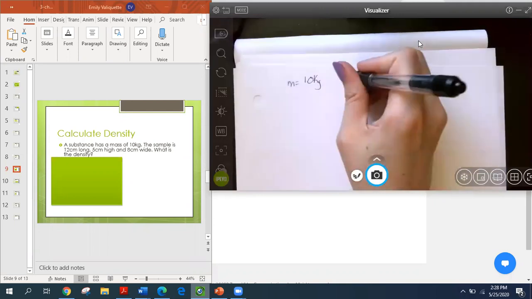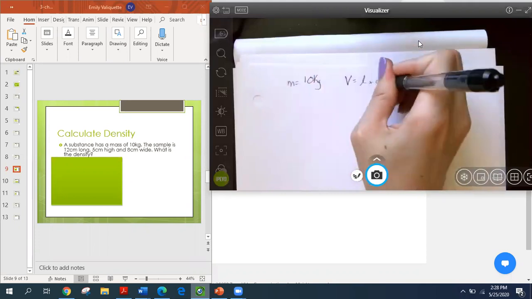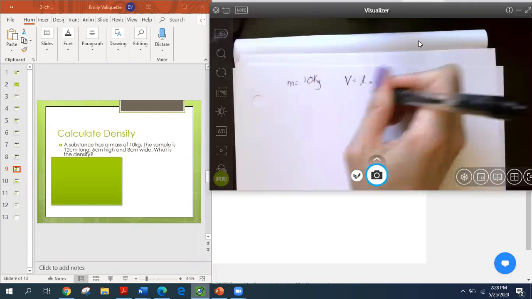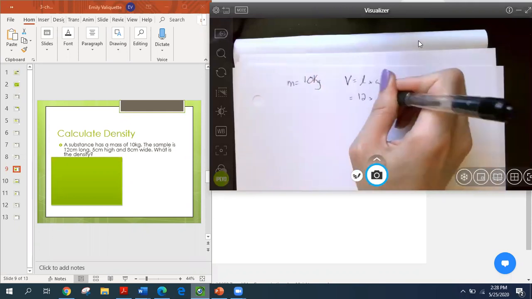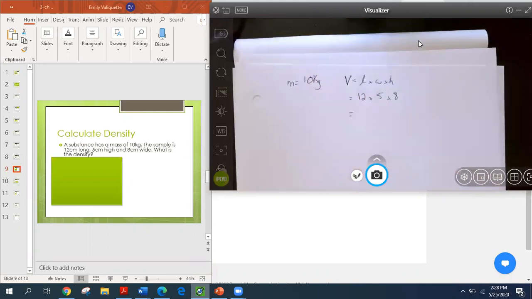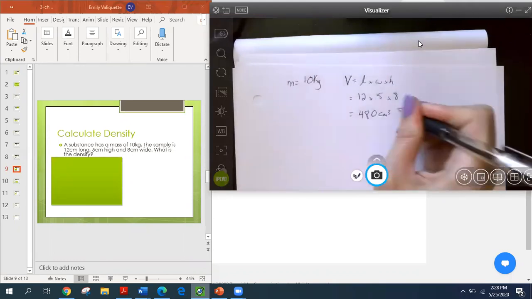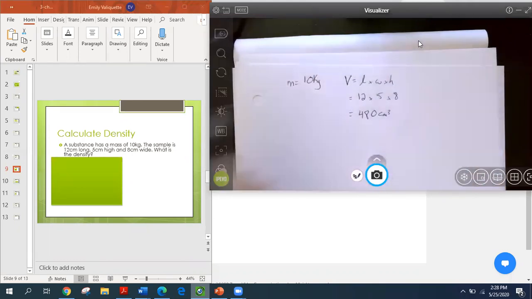So that means that my volume is length times width times height. So 12 times 5 times 8 is 480 centimeters cubed. Now that works because centimeters was the unit for the 12 centimeters, 5 centimeters, and 8 centimeters.